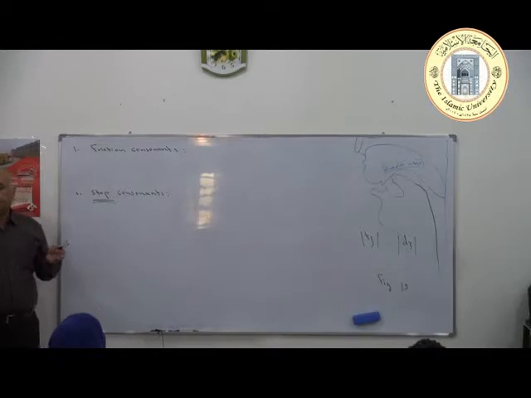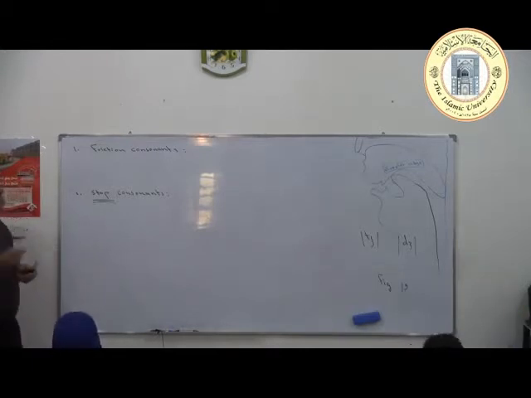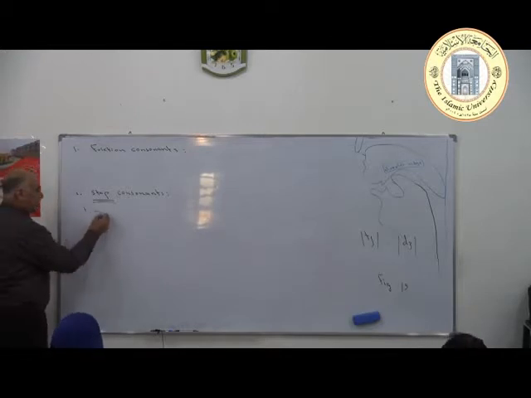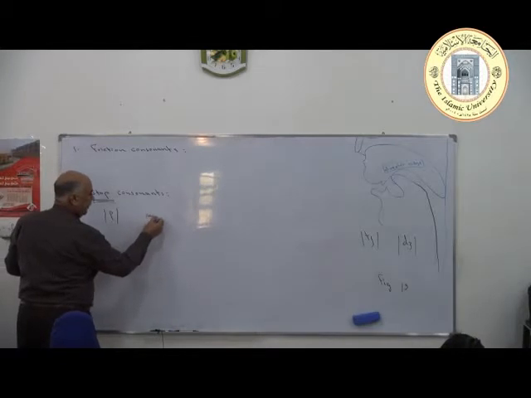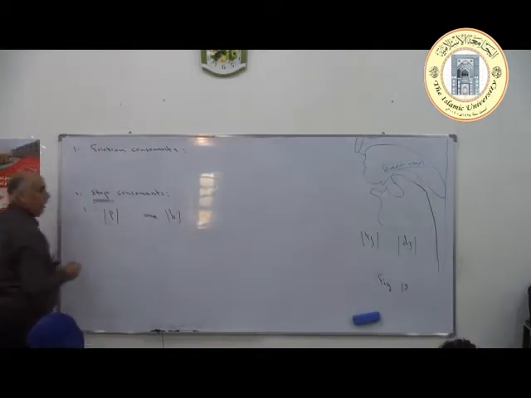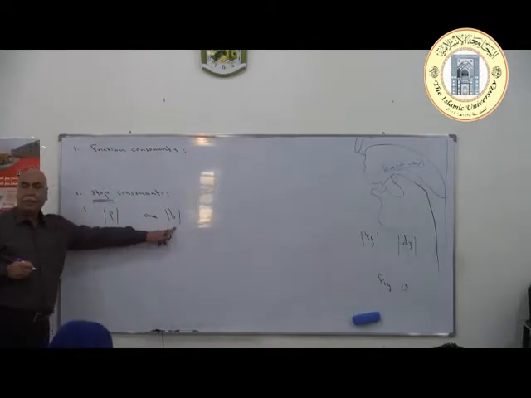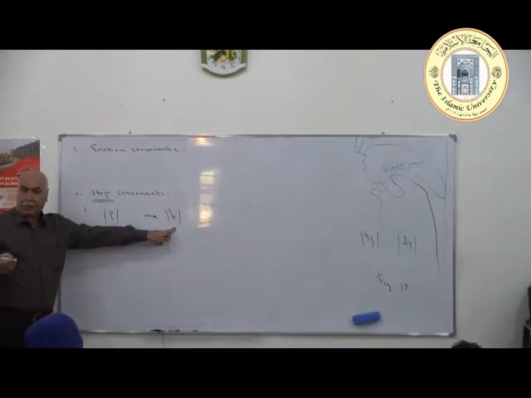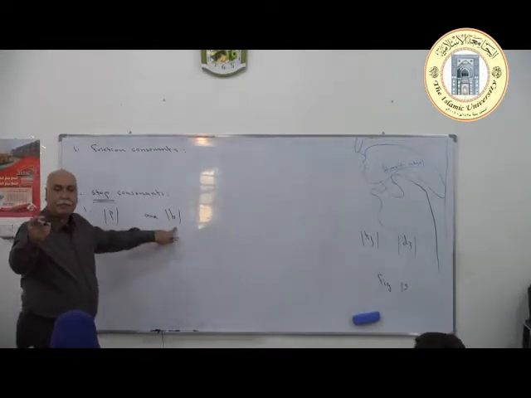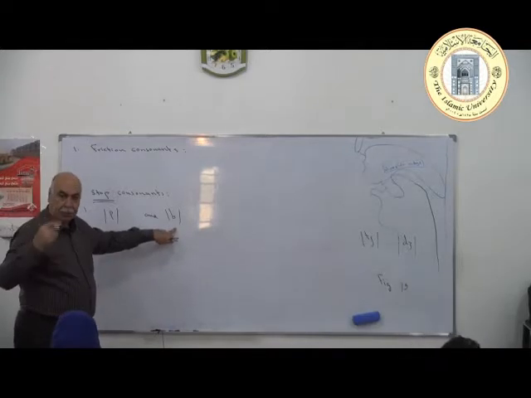What are they? How many? Yes, please. The first pair, P and B. The stoppage in articulating or producing this pair is caused by the 2 lips.